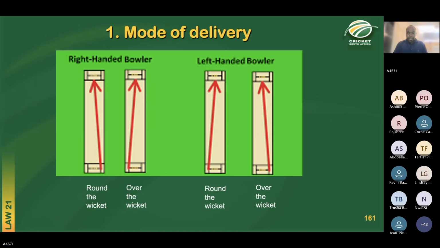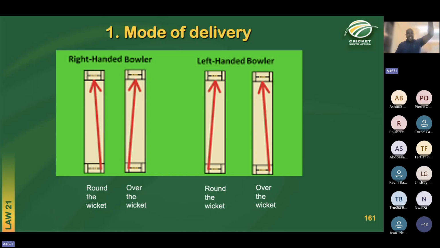So you can simply use the proximity of the arm to the stumps to determine whether a bowler is bowling right arm around the wicket if the stumps are here, or right arm over the wicket if the stumps are here. Similarly with the left-hander, if the left-hander is bowling and the stumps are here, that would be left arm over the wicket.